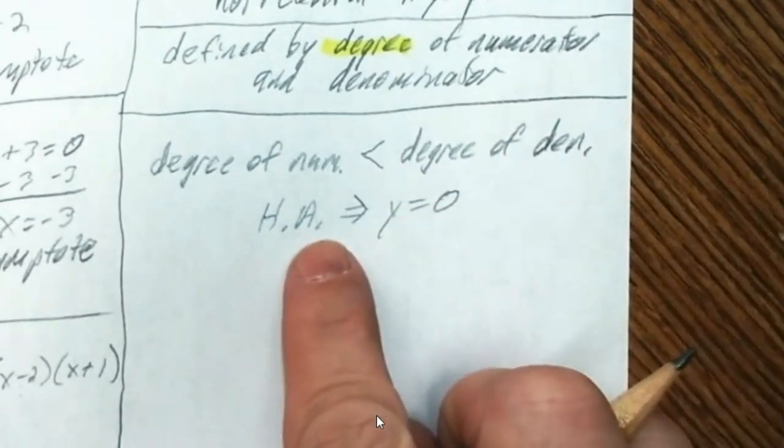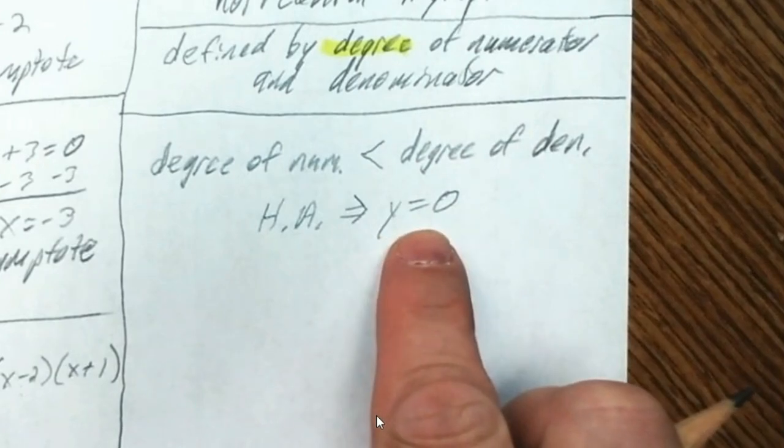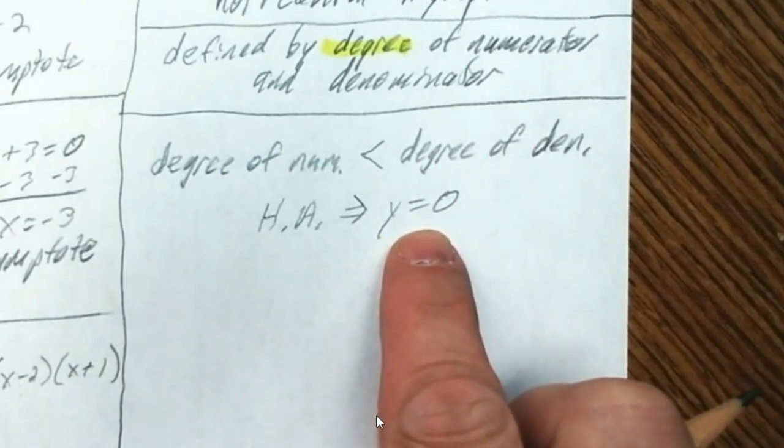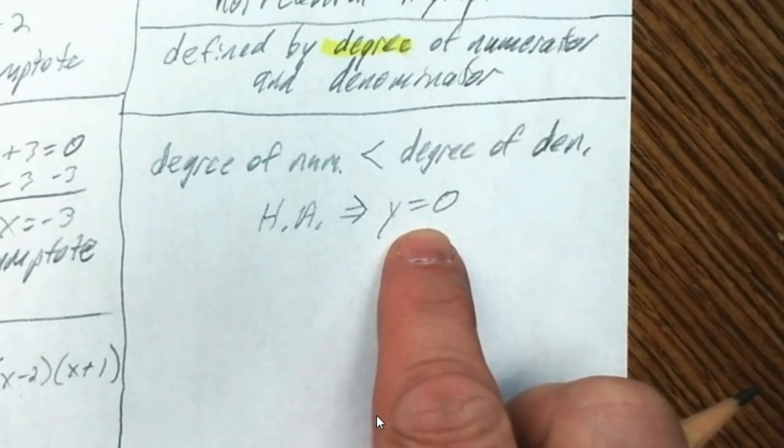So the horizontal asymptote will be where y equals 0, or the x-axis.